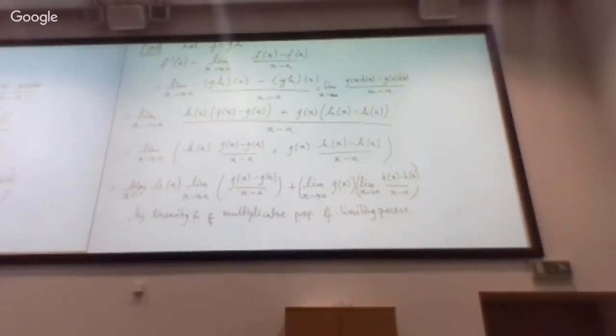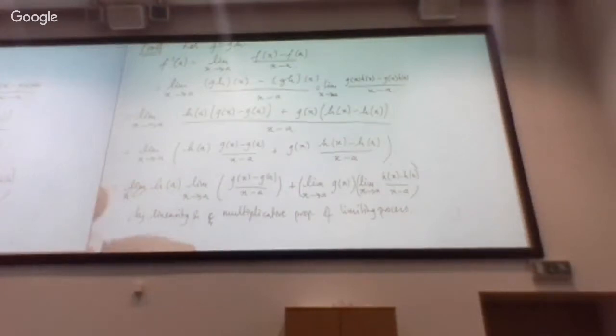So you've got h of a there, multiplied by, now this limit is the derivative of g at a. As x approaches a of g of x, well, g is a differentiable function, so it is continuous. So the limit as x approaches a of g of x is g of a. And that final bracket there is exactly the definition of the derivative of h.